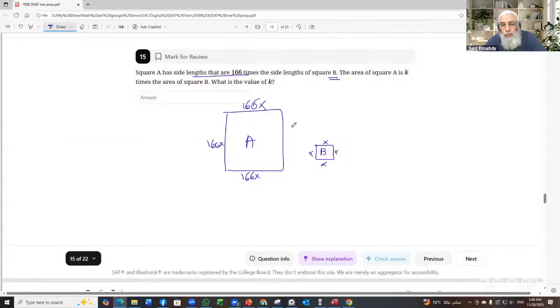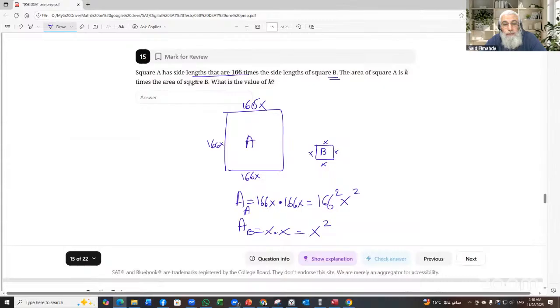The area of square A is 166x multiplied by 166x, which is 166 squared x squared. And the area of square B is just x times x, which is x squared.